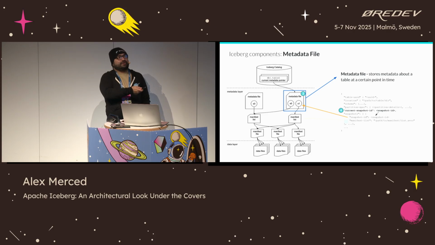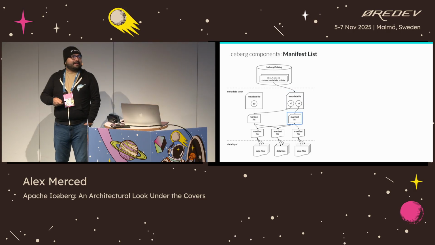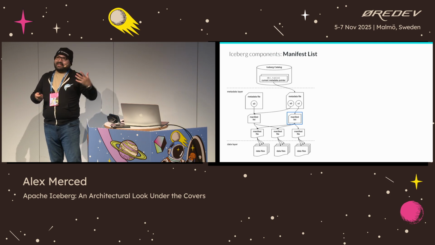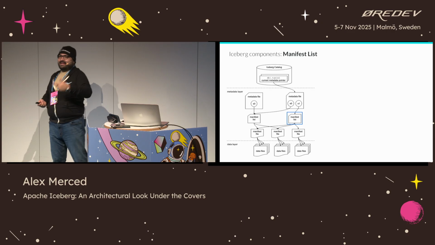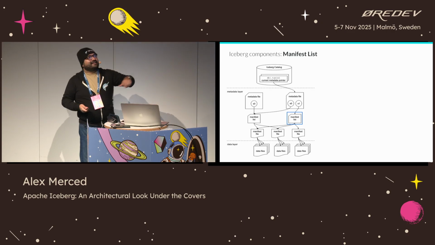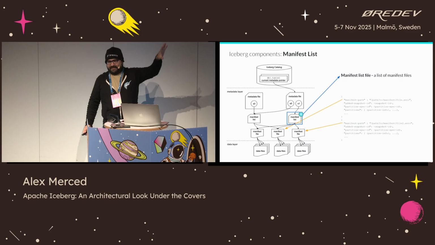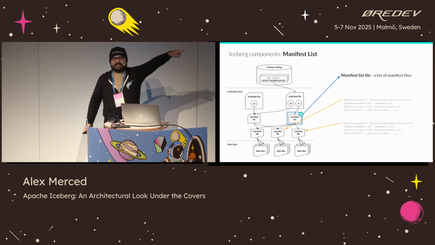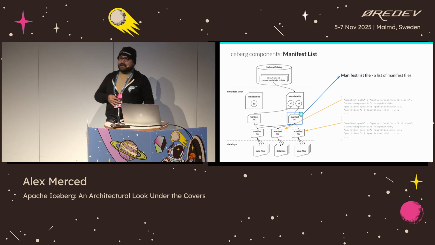Each snapshot belongs to a manifest list. A manifest list is, well, the name kind of tells you, a list of manifests. This is where you get tongue twisted a little bit saying manifest list. Before I talk about what a list of manifests is, let me talk about what a manifest is. At the end of the day, the table is just a bunch of files, typically Parquet files.